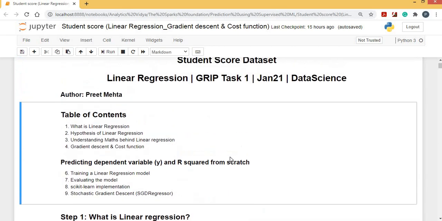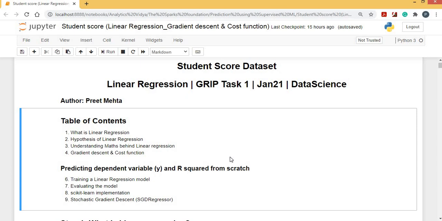I'll briefly go over the table of contents, what you will be gaining at the end of this tutorial. You'll gain the basics of linear regression. Firstly, I'll be teaching you the maths behind linear regression. After that there are two methods: one is OLS and the other is gradient descent.